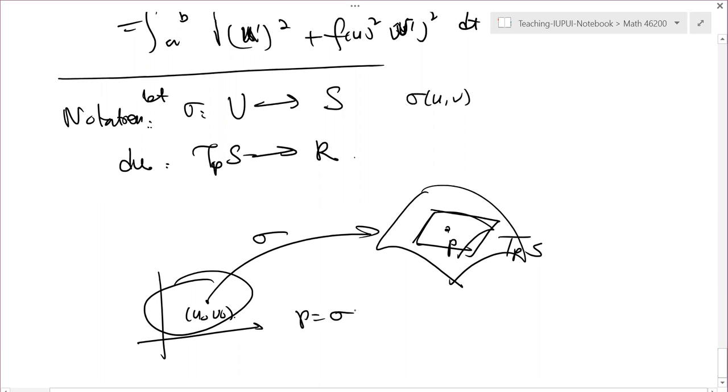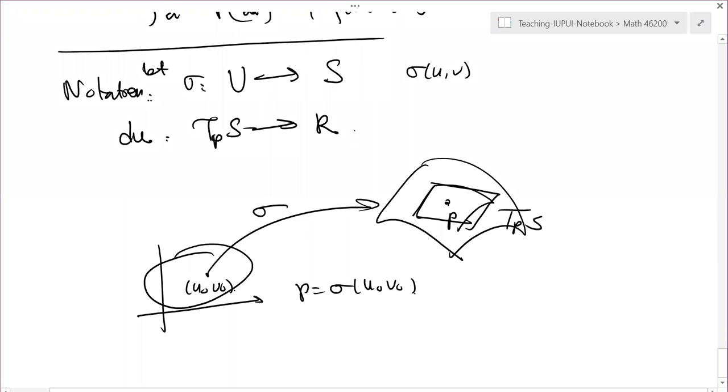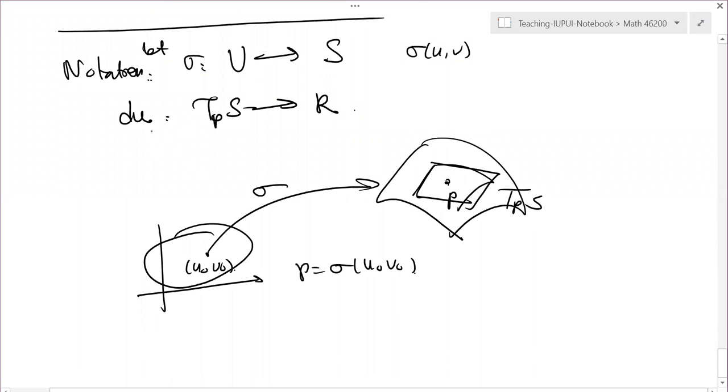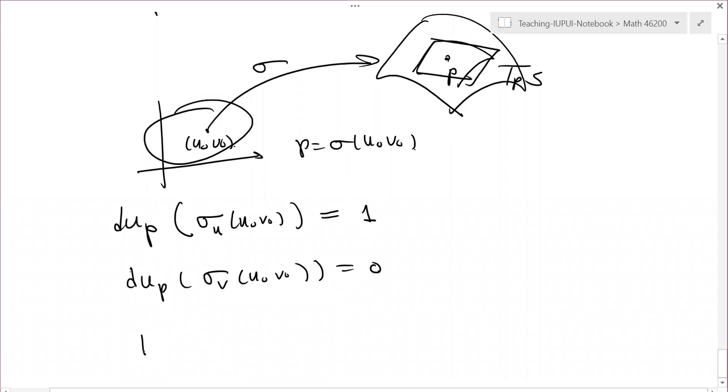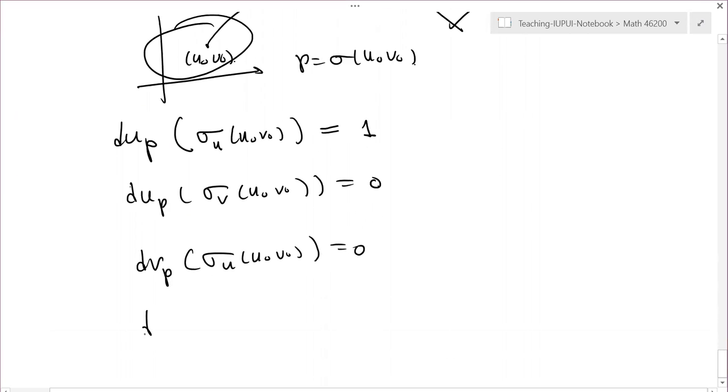Then I have u and v, and du, more precisely du_P, and sometimes we will remove the point. du_P by definition sends the tangent vector sigma_u to 1, and sends the other tangent vector sigma_v to 0. And dv_P is the opposite way.